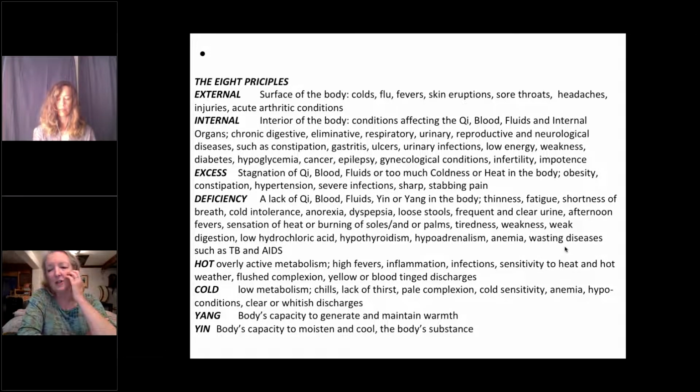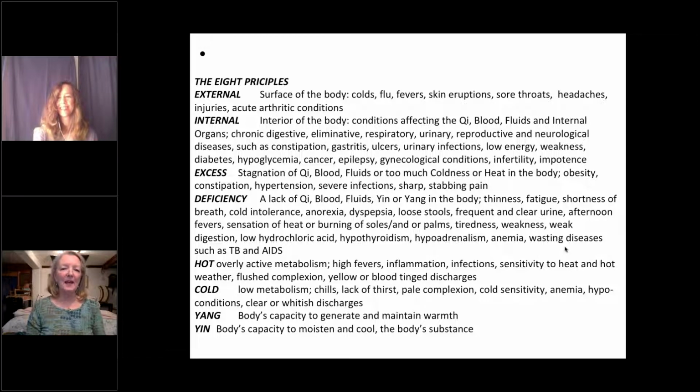So somebody comes into you with a cold or flu, let's say. It's acute. Okay, external. Right away, we know it's external. They have lots of sweating, very thirsty, yellow phlegm coming out of their nose. Is that cold or hot? It's hot. I know you all said that.